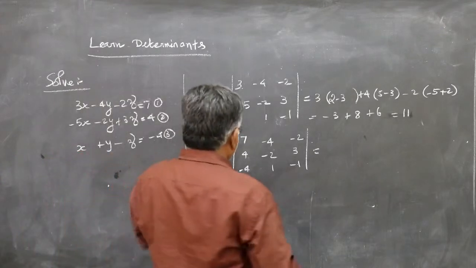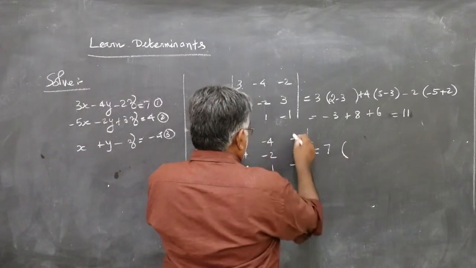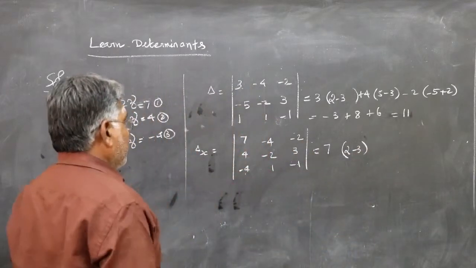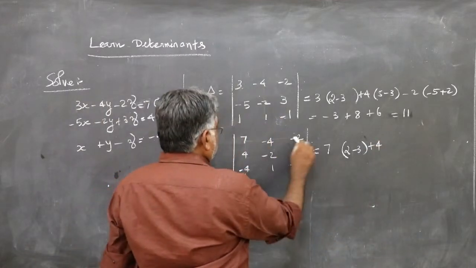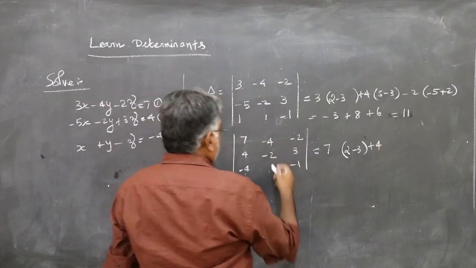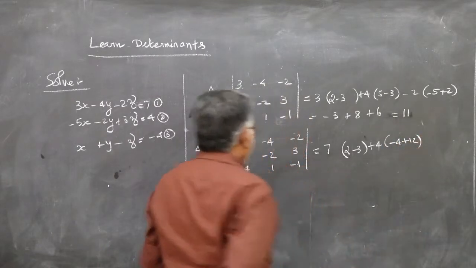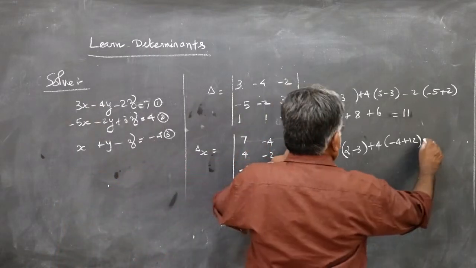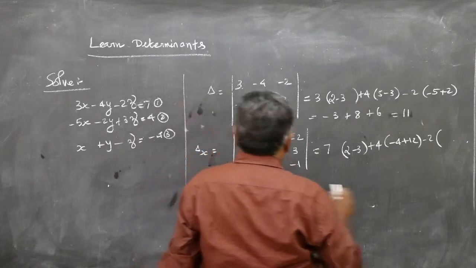When you evaluate this, 7 into 2, forget about this column, this row, 2 minus 3, plus 4 into, forget about this row, this column, minus 4 plus 12, then minus 2, forget about this row, this column, 4 minus 8.